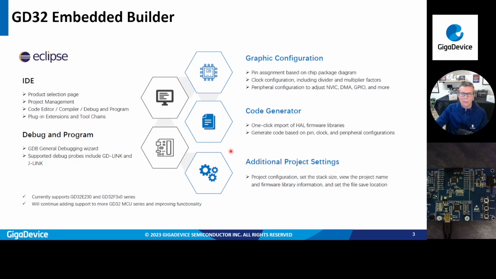To date, the graphic configuration tool is supported in the E230 family of devices as well as the F3X0 series of devices. But we're working diligently to include all of our device families within the graphic configuration tool.